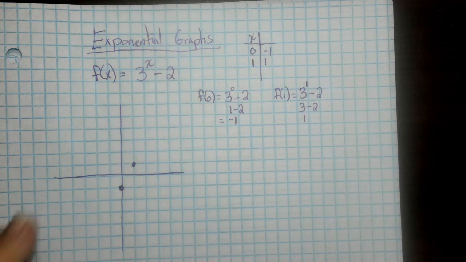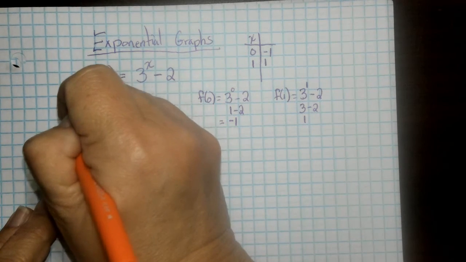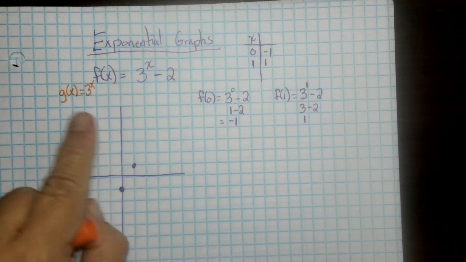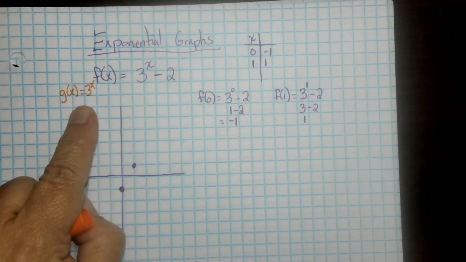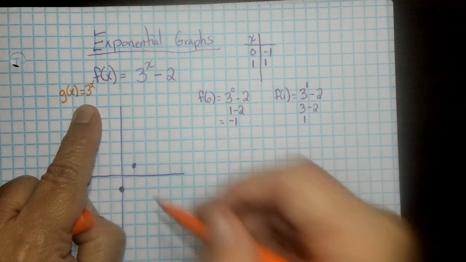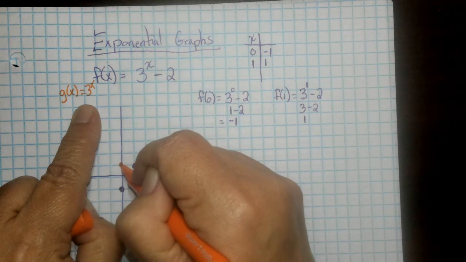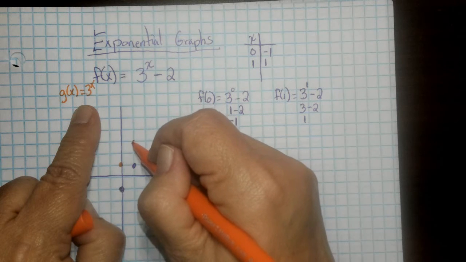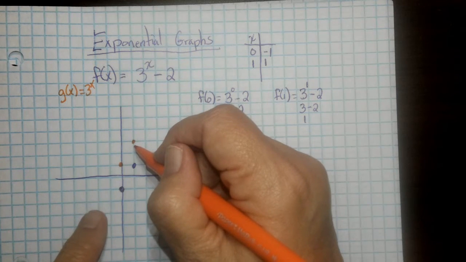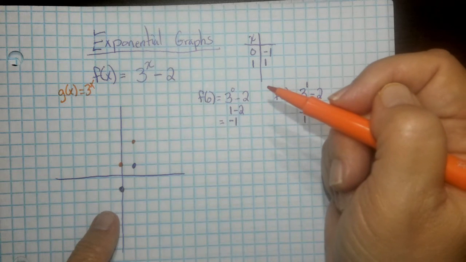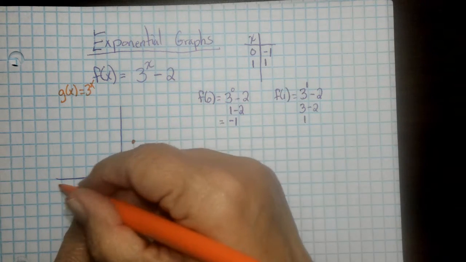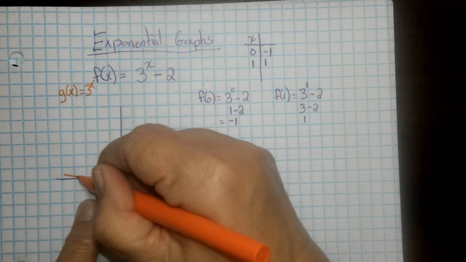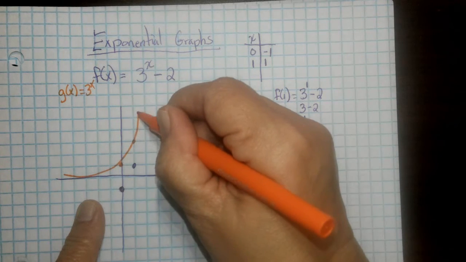Alright, then what I'm going to do is back up and call g of x just 3 to the x power. I know that this function goes through the point 0, 1, and it goes through the point 1, 3, and I know it's going to have an asymptote at y equals 0. So I know that this function goes like this.